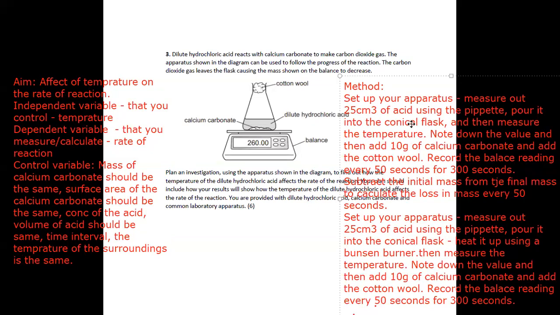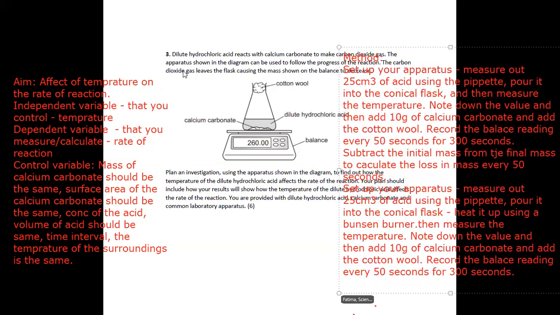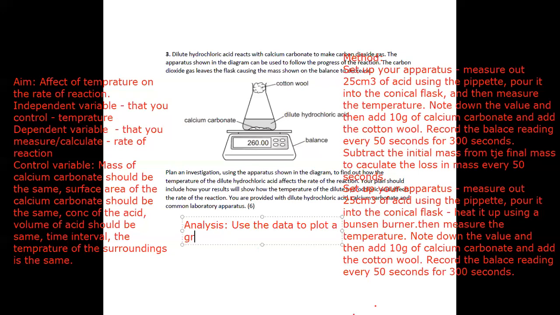After you have given the method of your experiment, you need to tell your analysis. Your analysis is now what are you going to do with the readings? We have the loss in mass, right? We have the time, we have all of this information. So use the data to plot a graph.